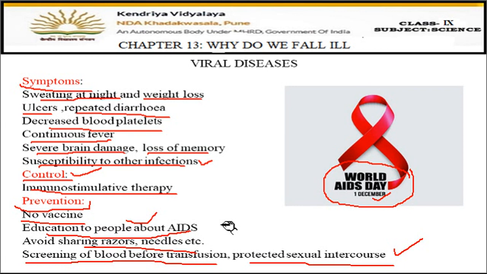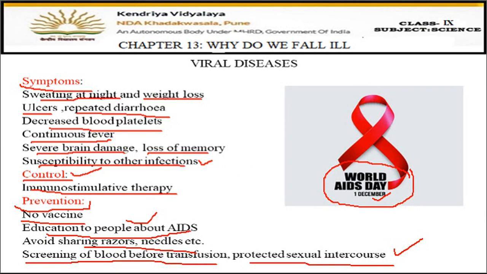After 10 or 15 years, after many years, depending on the person, the immune system will become so weak that the person cannot fight even small germs. When that condition comes, it is called AIDS, and that is called a syndrome.